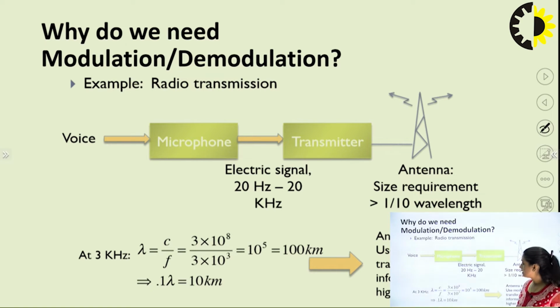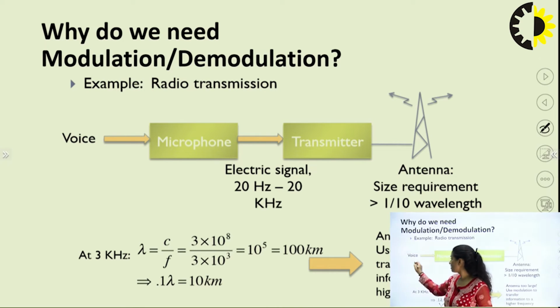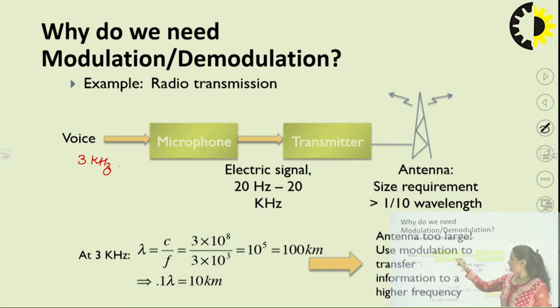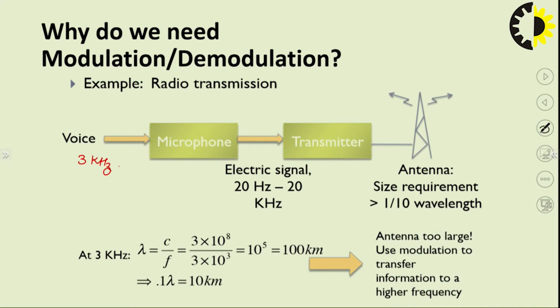Like the need I have explained earlier. If I talk about a voice signal whose frequency is up to 3 kilohertz, if I use a microphone and transmit it, I know the audio frequency ranges from 20 hertz to 20 kilohertz.